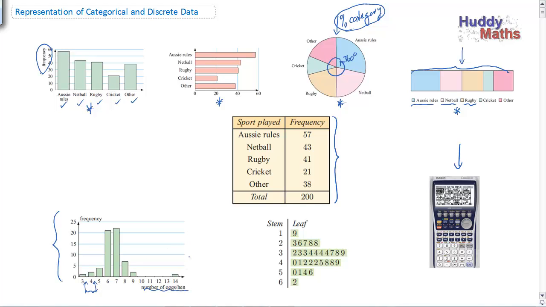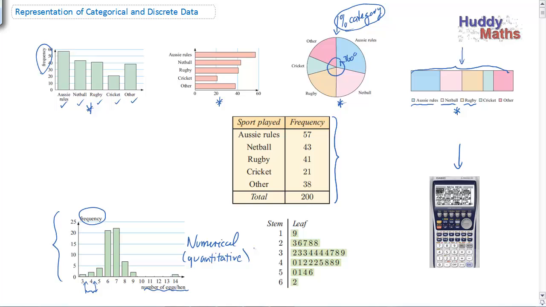So they are distinct or discrete values, and then they have a frequency. So it's similar in a way to categorical data. But the big difference is, of course, it's got numbers instead of categories. So it's numerical, or sometimes called quantitative data, because you're looking at quantities, the size of them.